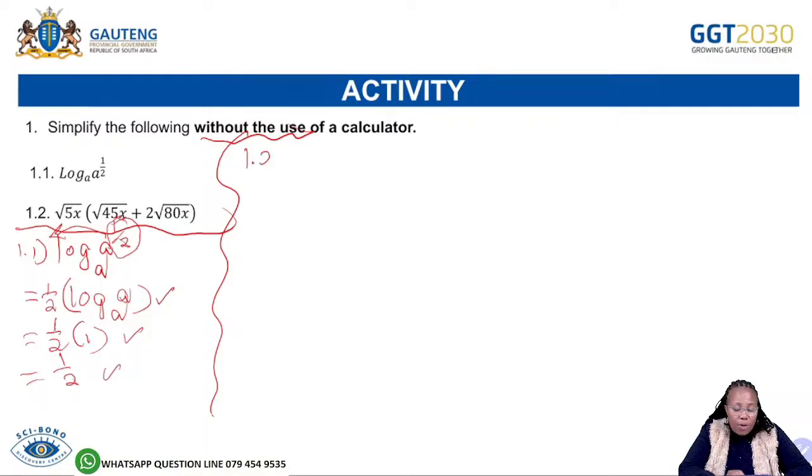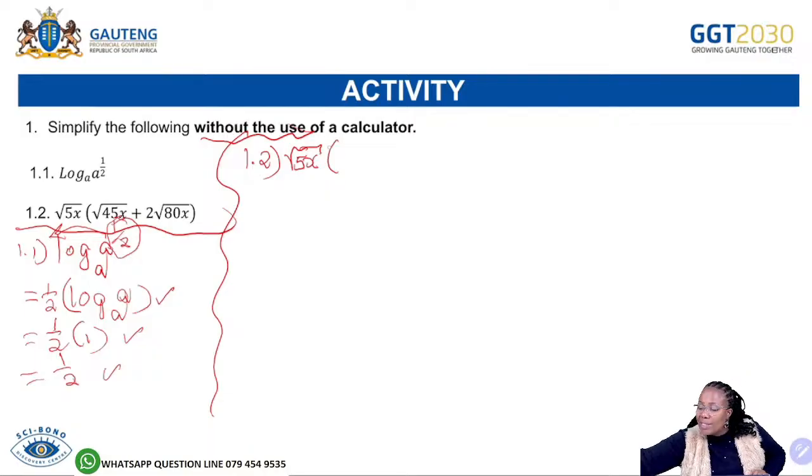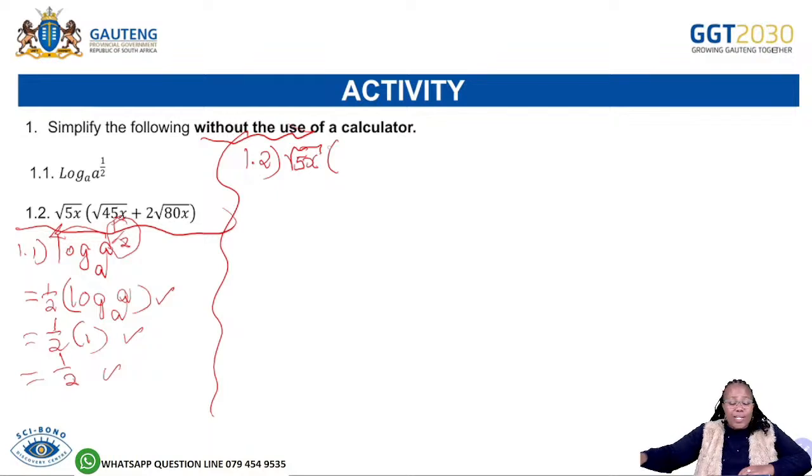And then for 1.2, we are looking at the surd application now. We have the square root of 5x inside the square root, into bracket, square root of 45. Now you must write it in a simple surd form. Grade 12, you can check with your calculator what is the simple surd form. No decimals. We are working with surds without using a calculator.